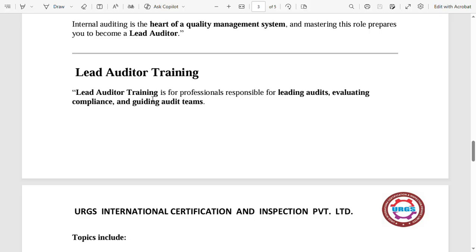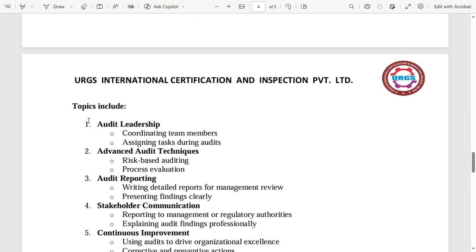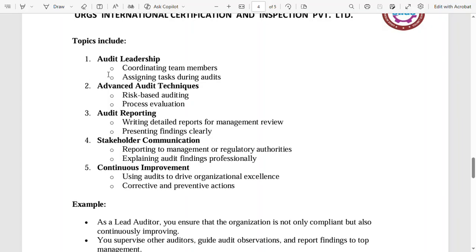Lead auditor training is for professionals responsible for leading audits, evaluating compliance, and guiding audit teams. Topics include first, audit leadership, coordinating team members, assigning tasks during audits. Second, advanced audit techniques, risk-based auditing, process evaluation.